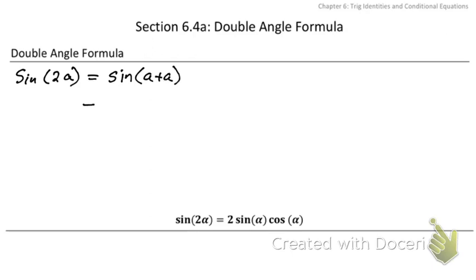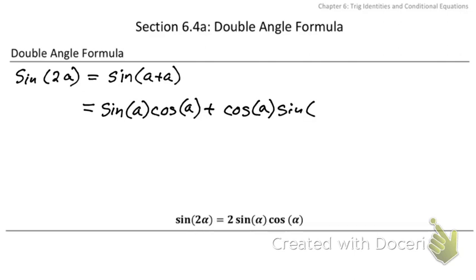Then you could use that sum formula to say, well, I can turn that into sine of a times cosine of a plus cosine of a times sine of a, which we could reduce further to 2 sine of a cosine of a, which is now a formula that will always work out that way.